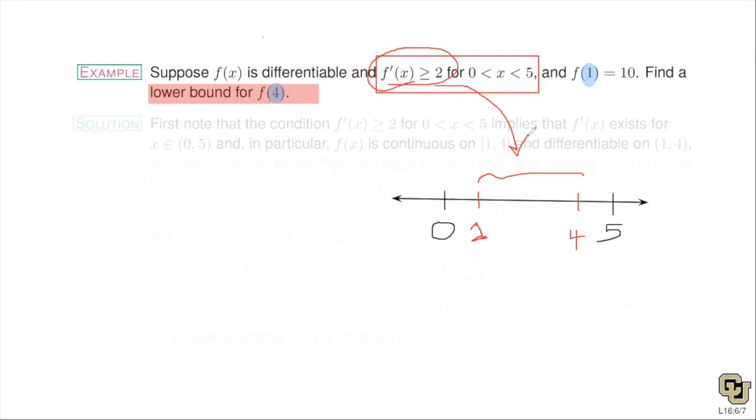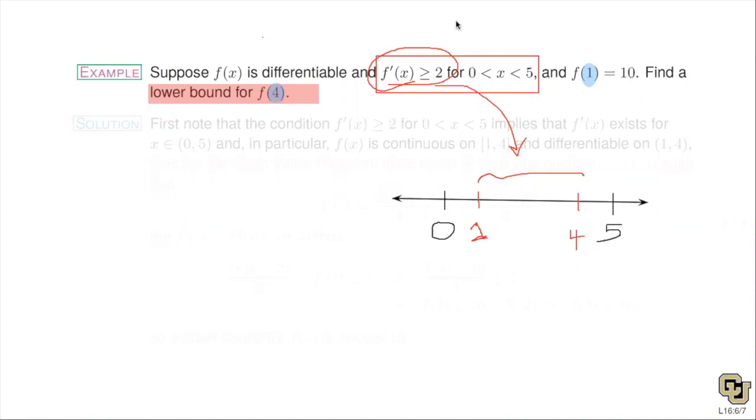And we're given information about the derivative, right? We're told f prime is greater than or equal to 2, but we want to find information about the original function f of 4. And the only thing we have right now that really connects the original function and the derivative is the mean value theorem. And here, because they tell us the function is differentiable, we know that differentiability implies continuity.